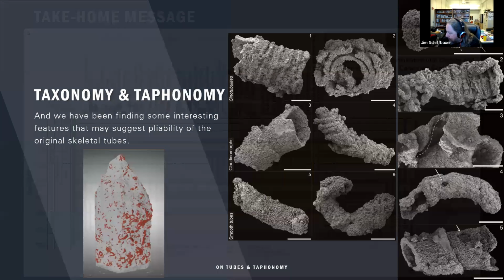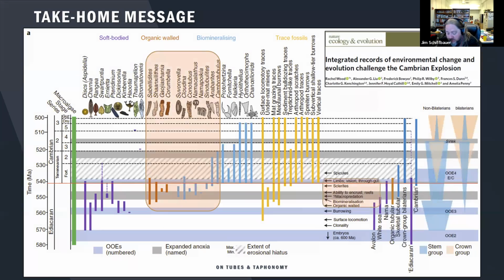So with that, I'm going to move to a take-home message and wrap this up. I don't think I can make a take-home message in words that's any better or more appropriate than this figure that Rachel Wood had put together in their Nature Ecology and Evolution paper.